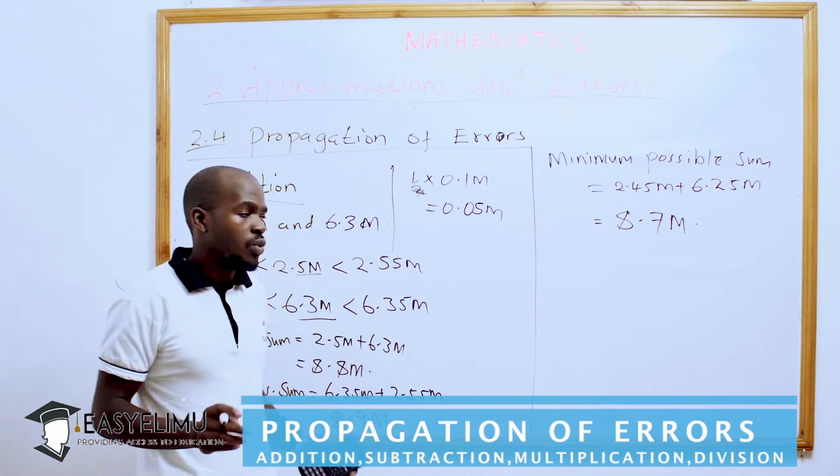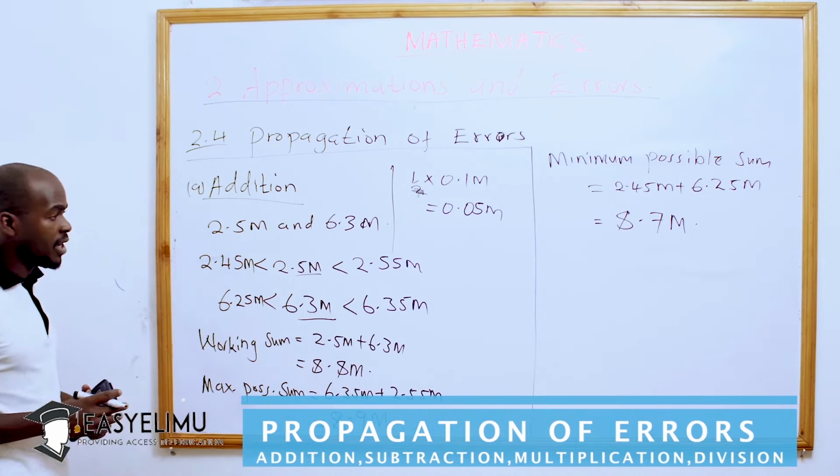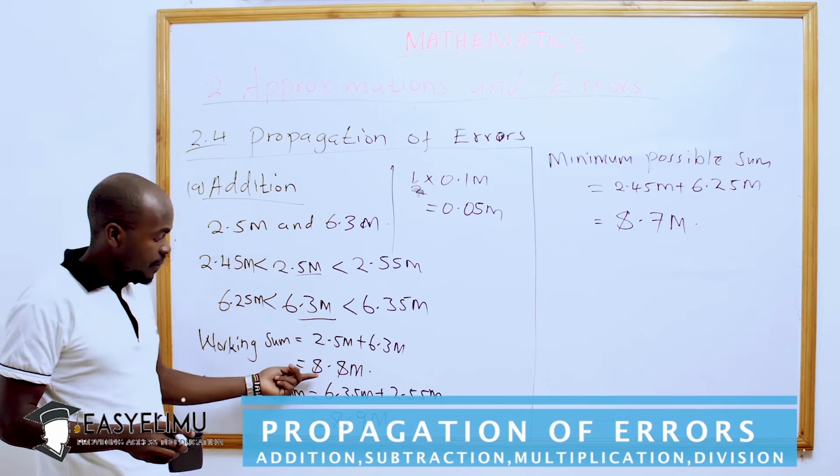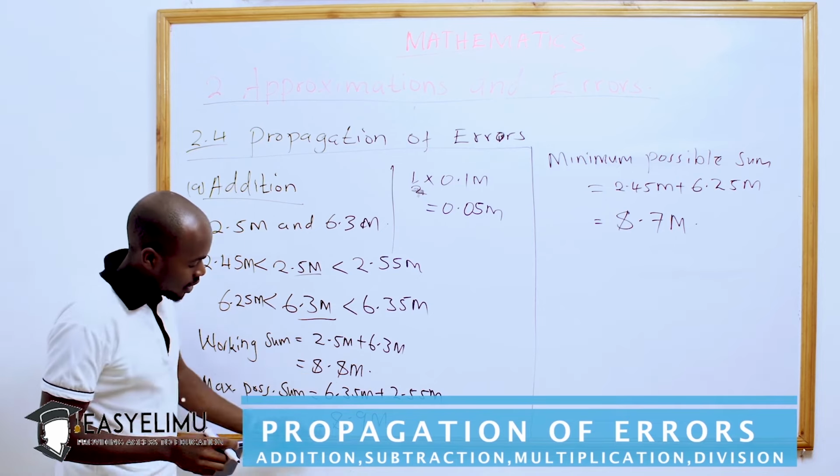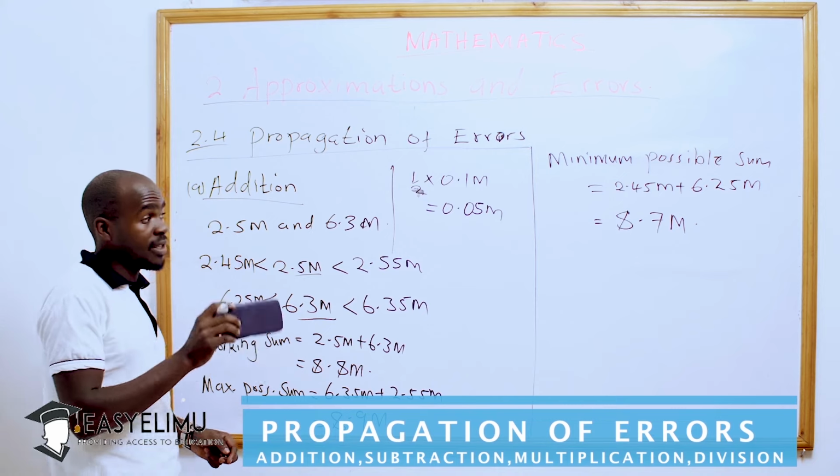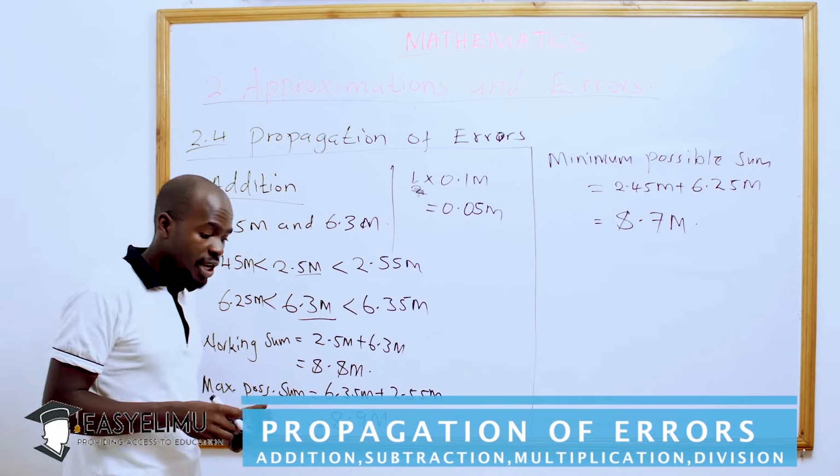So on viewing the two, we can find out that this is 8.8 meters, 8.9 meters, and that one is 8.7 meters.